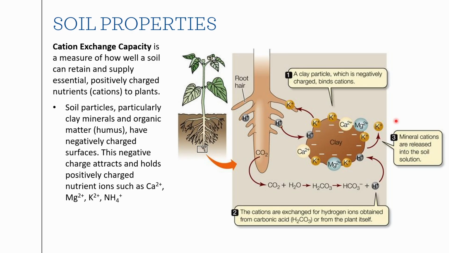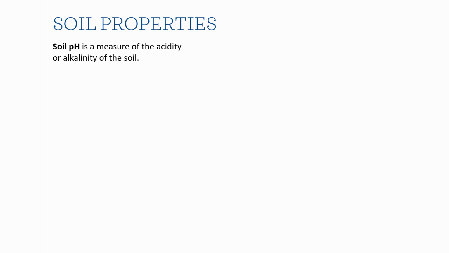And we'll be testing this in our lab, and basically one of the ways you can test this is to see if we put a positively charged dye in with soil, does it hold on to that dye? Well, if it does, then that means the positively charged dye was able to stick to the clay particles in the soil, and therefore it has a high cation exchange capacity.